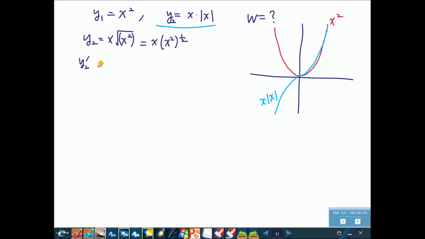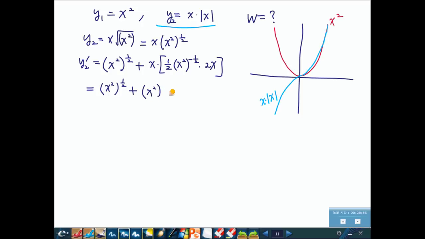And we have to differentiate this. So x times the square root of x squared, chain rule, right? Differentiate x first, and then this one left, plus x left, and this one is 1/2 x squared to the minus 1/2, times the chain rule inside of the x squared. It's just a chain rule. And rearrange it a little bit: x squared to the 1/2 plus x squared times x squared to the minus 1/2.